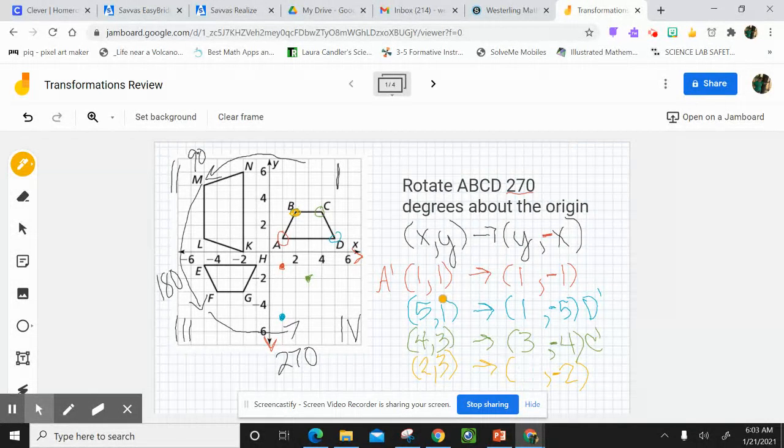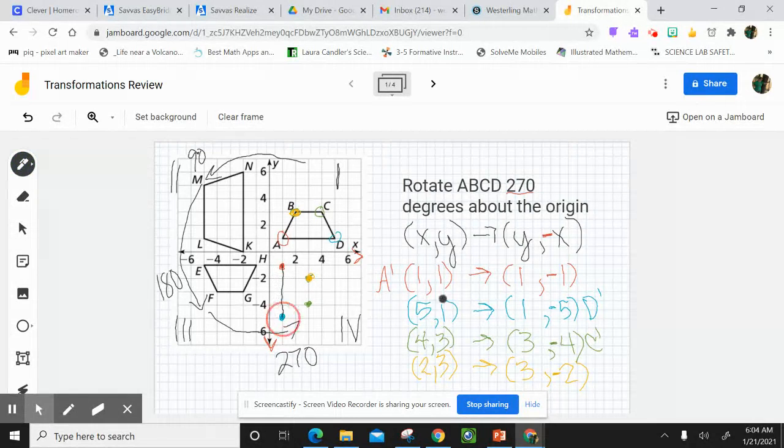And 3 now becomes my x coordinate. So I have (3, -2). Oh, I put C in the wrong place. Oh no. So that's B. We'll fix that real quick. And that's C. And my figure is congruent.